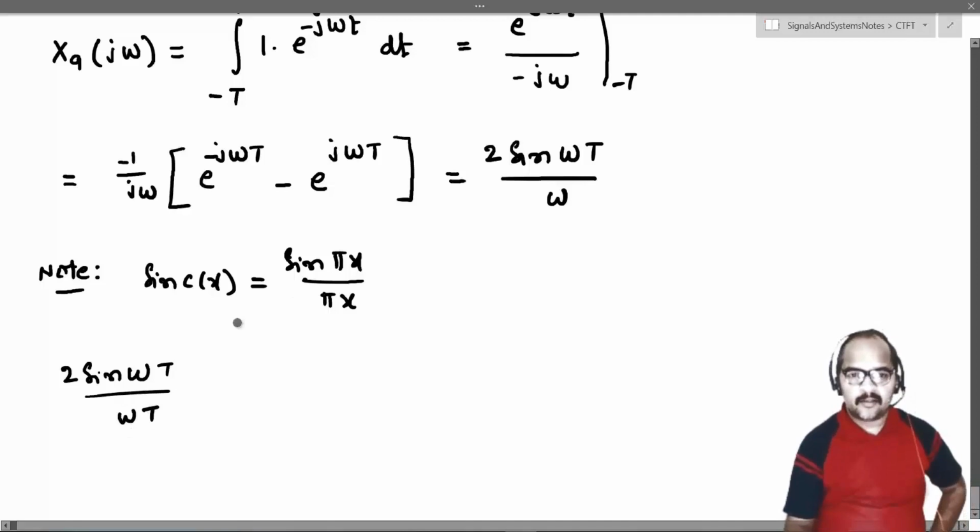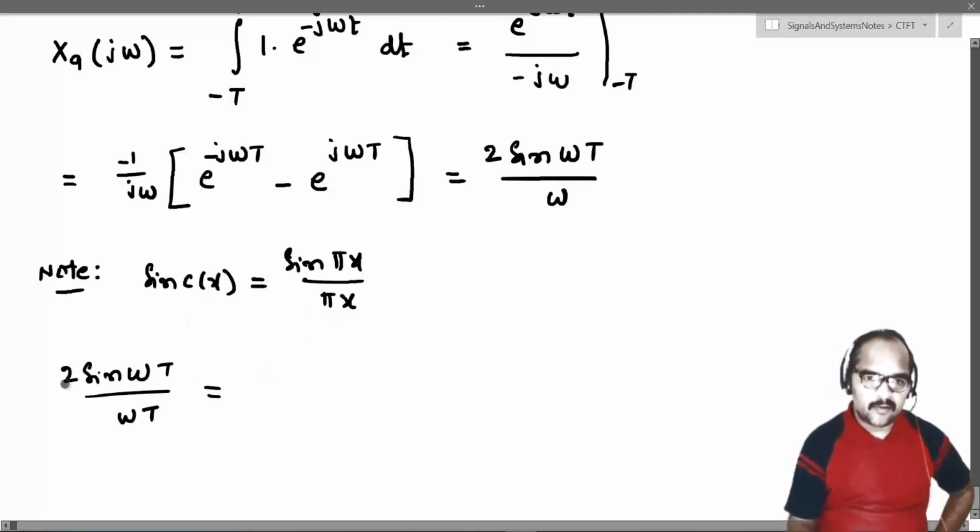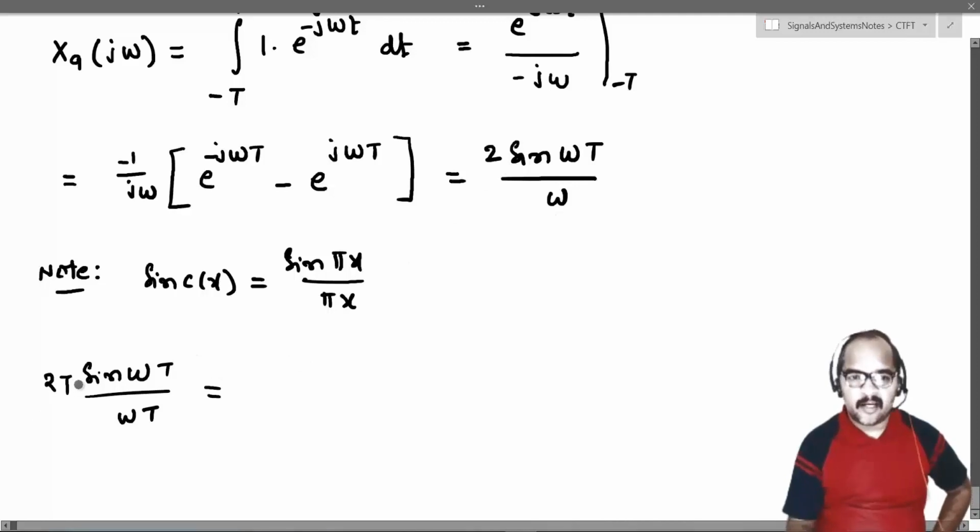So there is a close relation between them, but not exactly, both are not the same. So why? That pi term is missing. So let us write that down. Okay, sorry, this is 2t, right? So sorry, this should be 2t multiplied with this. Because 2 sine omega t by omega can be written as 2t sine omega t by omega t.